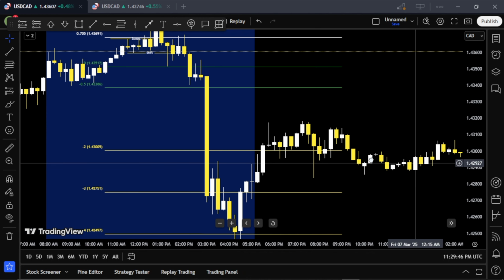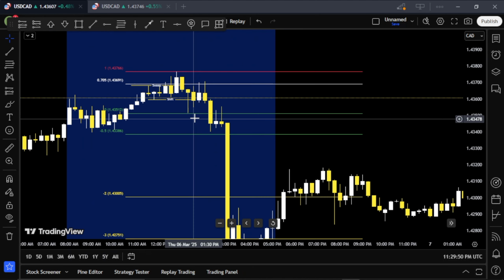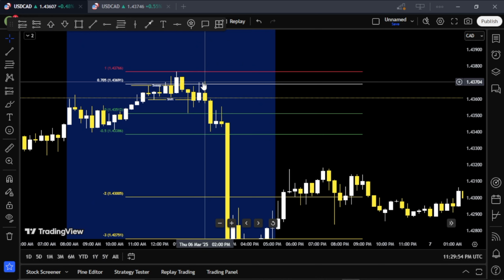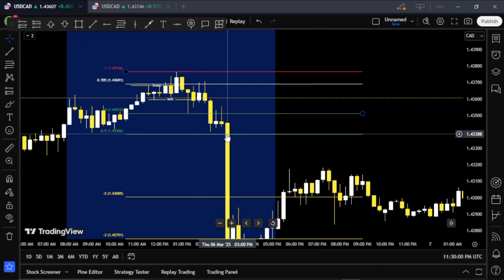I don't take the full TP. I exit my trade at this 0.5 level of the Fibonacci. So I waited for a sweep, waited for a shift in market structure, tapped in my 0.705 level of the Fibonacci, and then hit my take profit here.